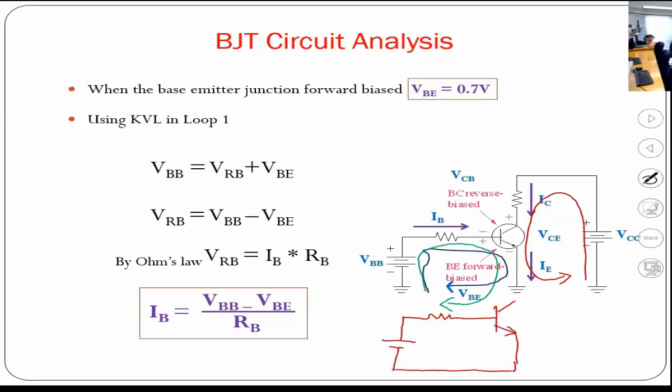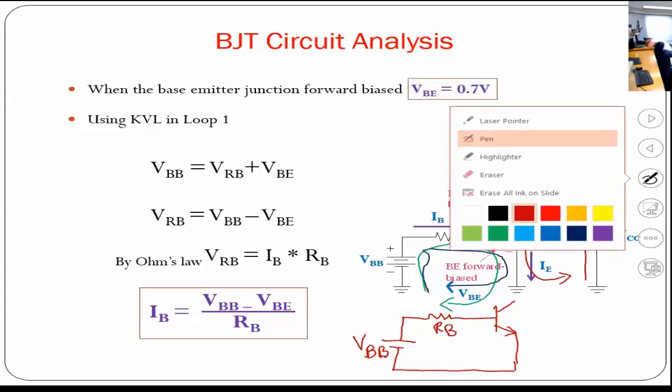What we have here is a supply named VBB. That's the base voltage supply. You're going to have RB. So what do you think that is? It's a base resistance, right? That's a resistor symbol, right?